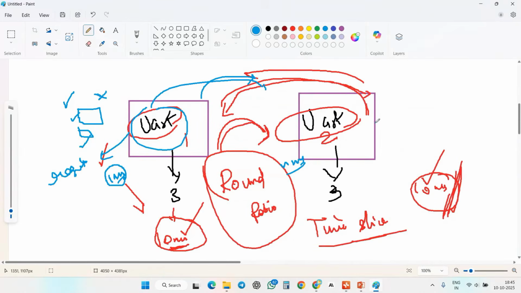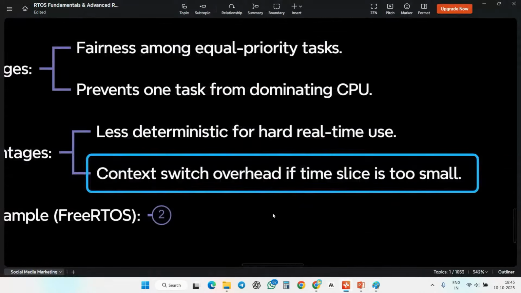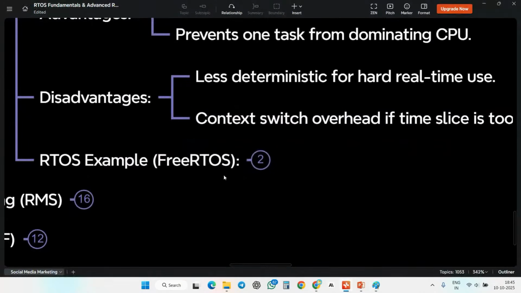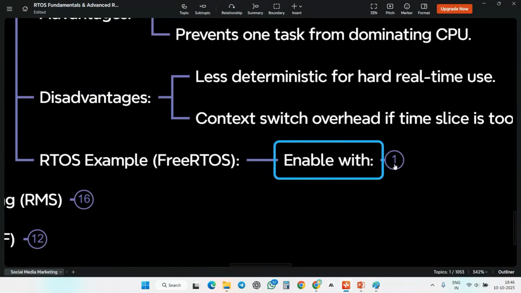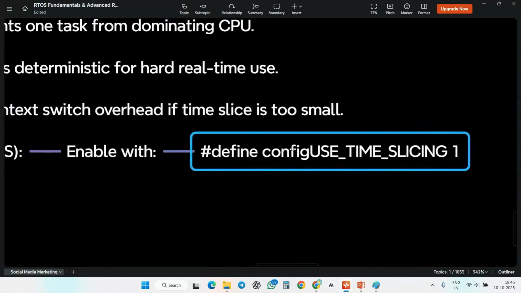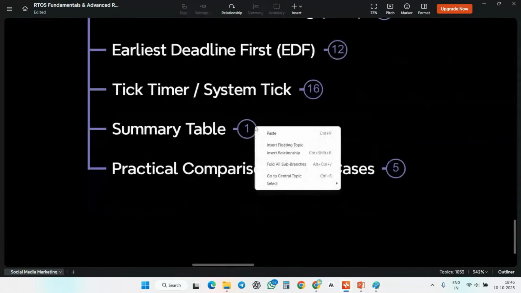If it is continuously switching tasks one after another, the context switching gets overloaded. So it is an overhead. An example is FreeRTOS enabled with time slicing, so we are going to use it in the practical session.